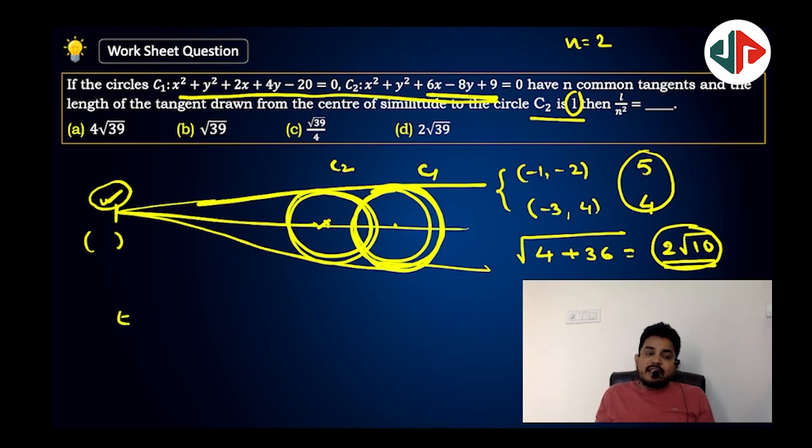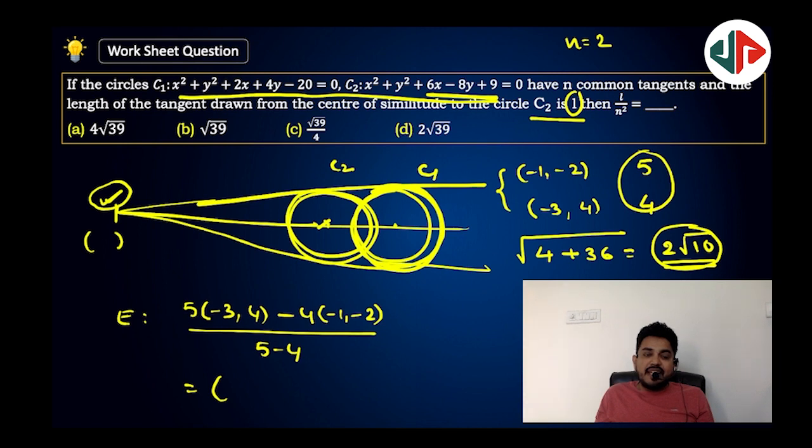So it is 5 times (minus 3, 4) minus 4 times (minus 1, minus 2), divided by 5 minus 4. So simply minus 15 plus 4, that is minus 11. Next one, 20 plus 8, that is 28.